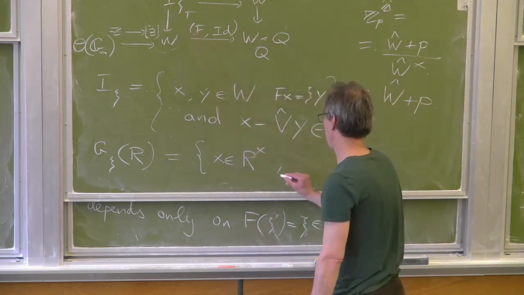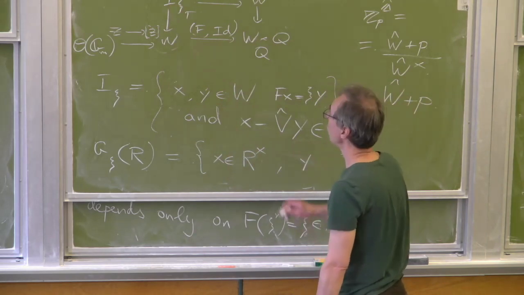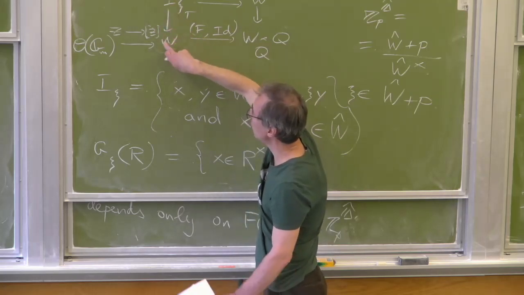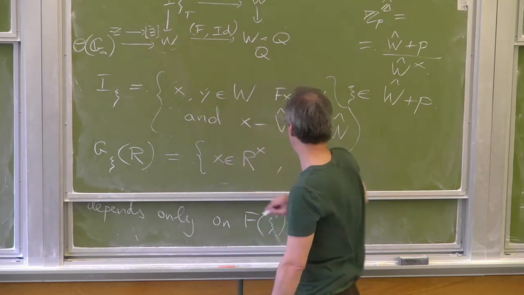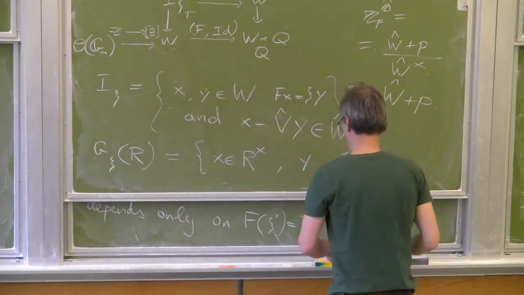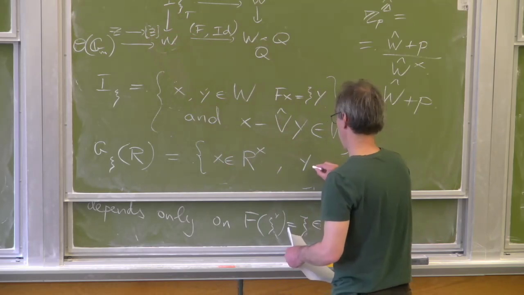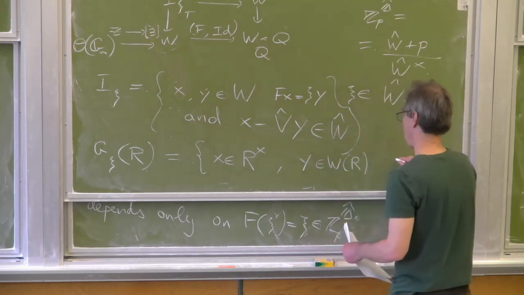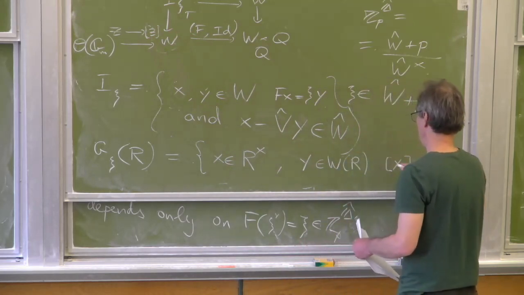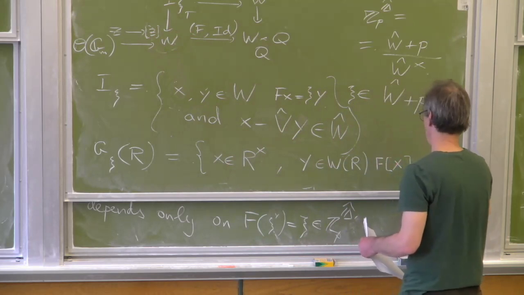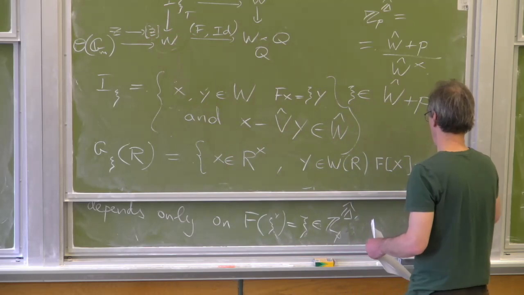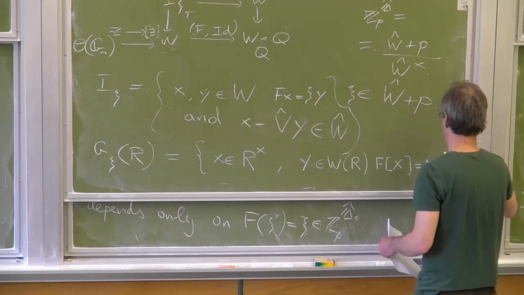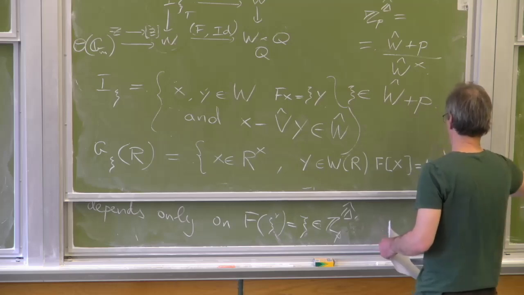I claim that specifying this homotopy is equivalent to specifying an element here whose image in W is the Teichmüller of X, such that the Teichmüller of X is equal to 1 plus V check of Y.